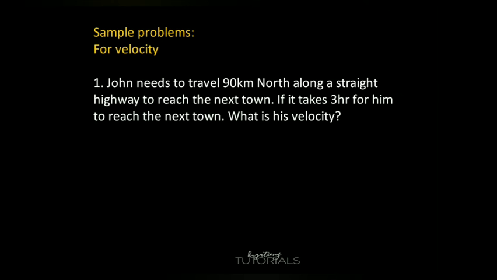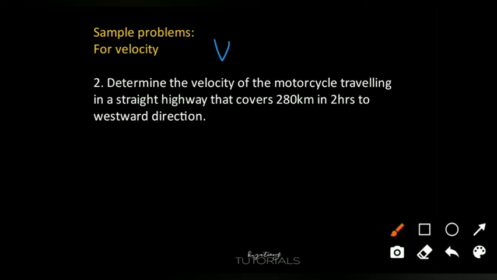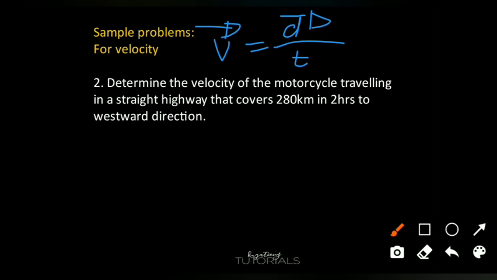Okay? So example number 2 ta. So determine the velocity of the motorcycle traveling in a straight highway that covers 280 kilometers in 2 hours to westward direction. So same na gyapoy direction, so automatic that is velocity. Diba? So ang ato gamit nga formula is v with an arrow is equal to distance with an arrow over time. Na, di ba?